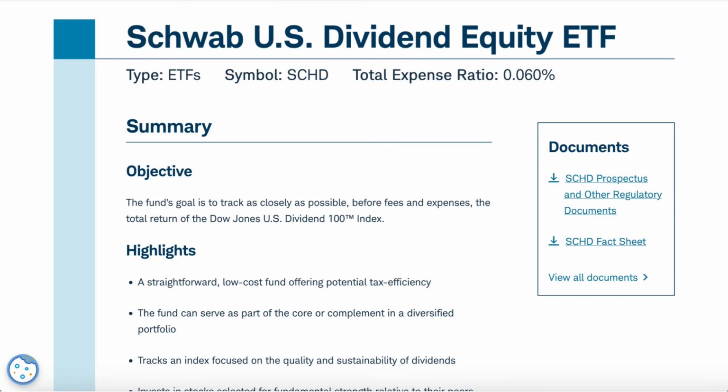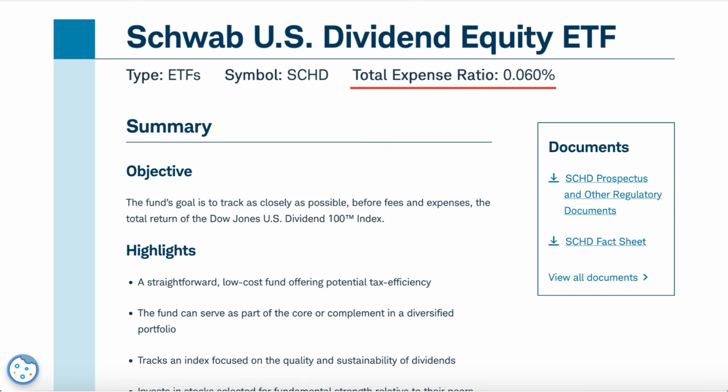But it's not just chasing the highest yield. Instead, the strategy screens companies based on factors like strong cash flow, return on equity, sustainable dividend payments, and a history of dividend growth. So rather than buying the highest paying companies, SCHD focuses on quality dividend growers.